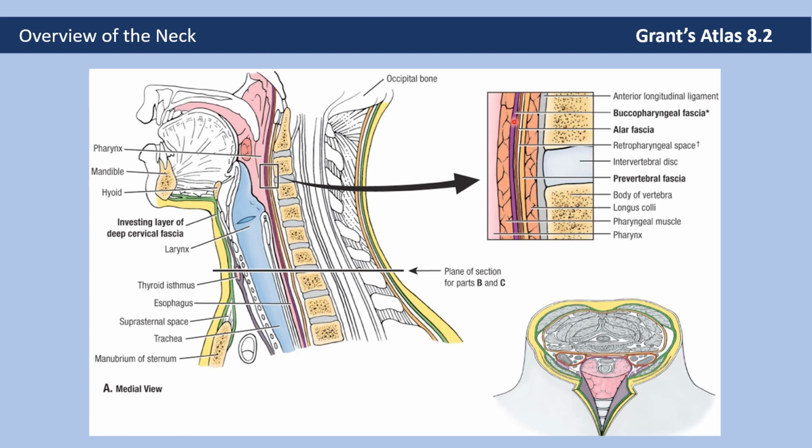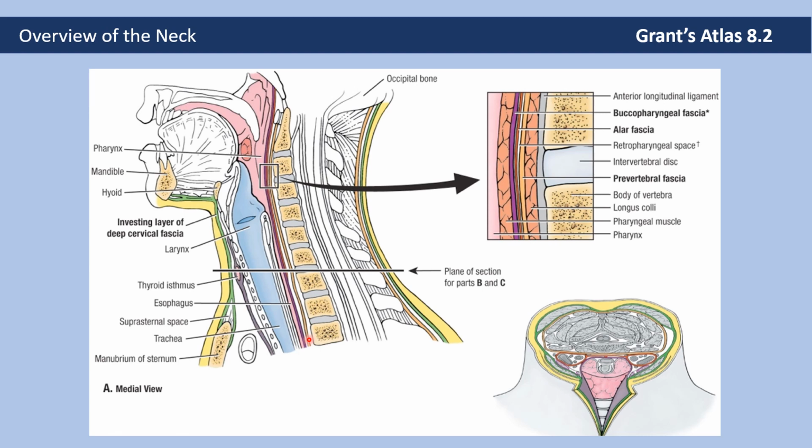This retropharyngeal space extends all the way from the base of the skull, shown here, all the way down to about the level of T4. That is important because it represents a passageway, for instance, for a paratonsillar abscess that might invade the posterior pharynx, for that infection to then go all the way down to the superior mediastinum in the thorax.